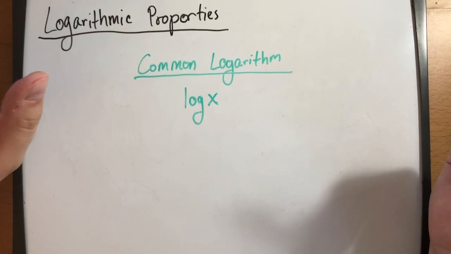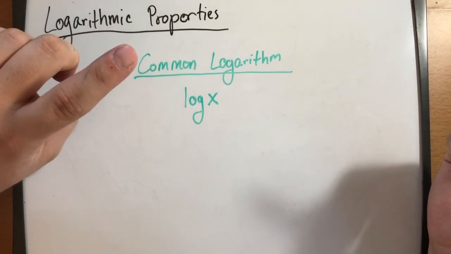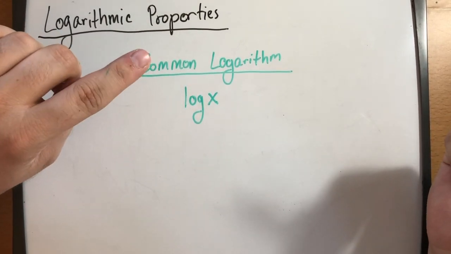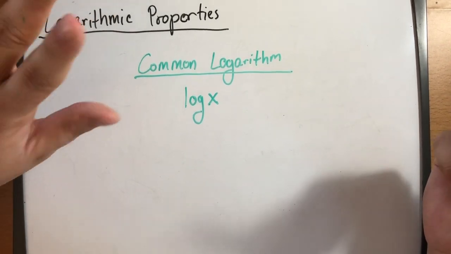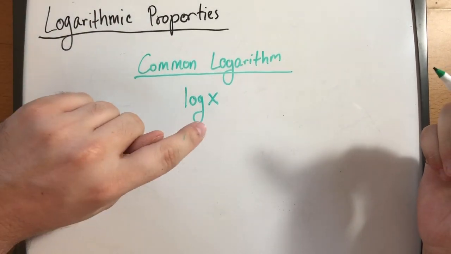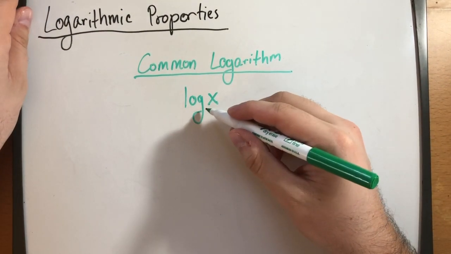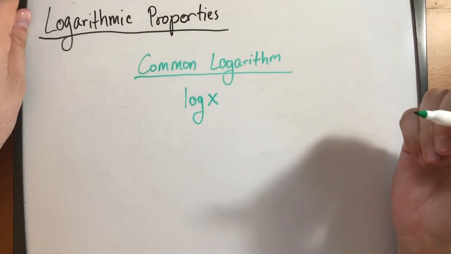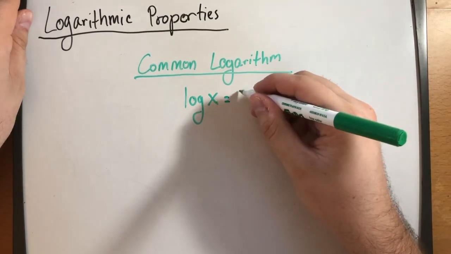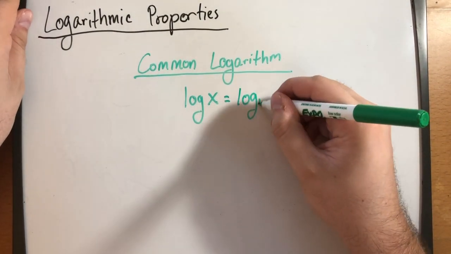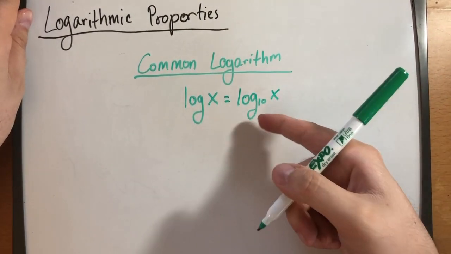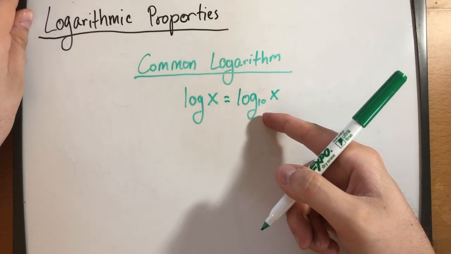But there is one specific case of logarithms where you do not have to put the base, because the base is always known. If you do not show the base, that means that this is actually base 10. So this here is the same thing as saying log base 10 of x, but nobody writes base 10.